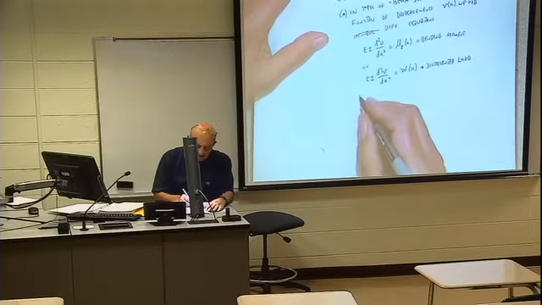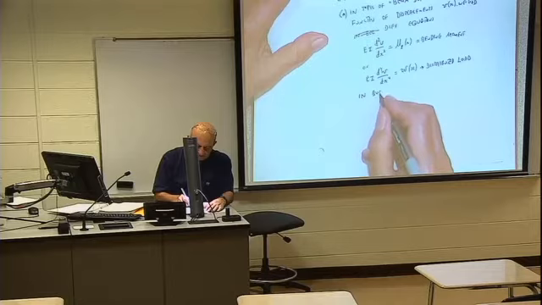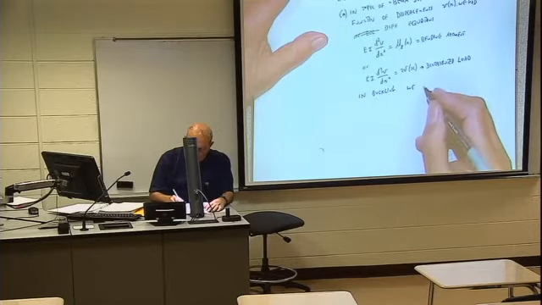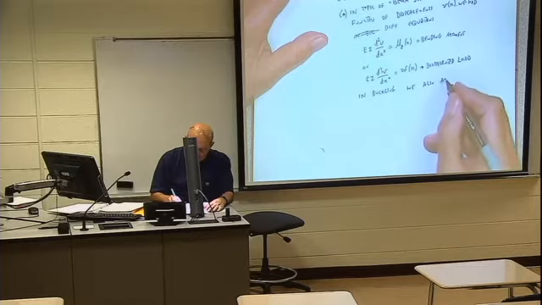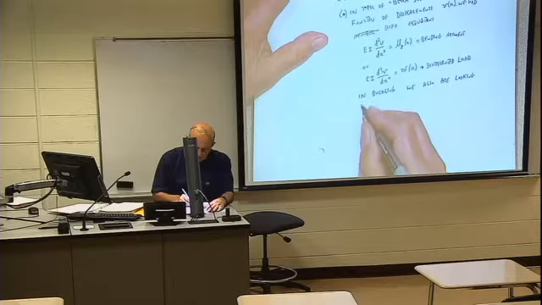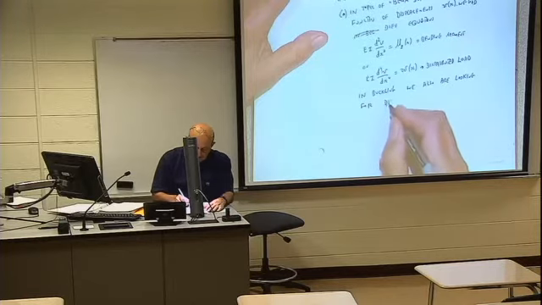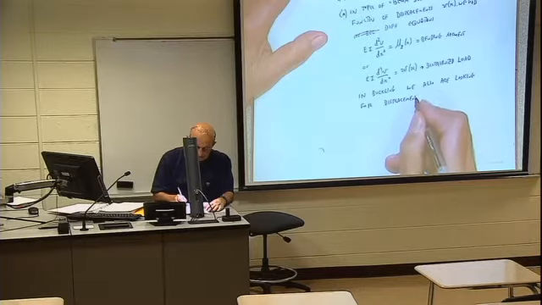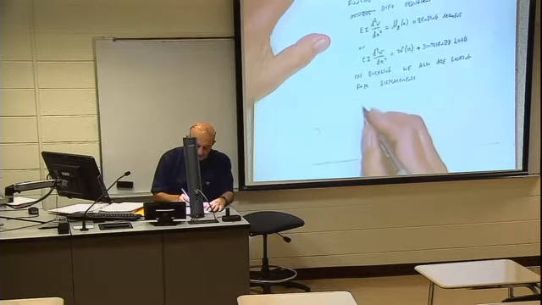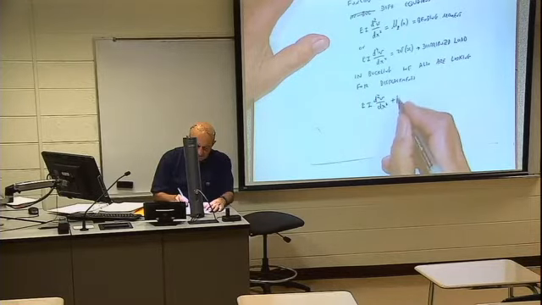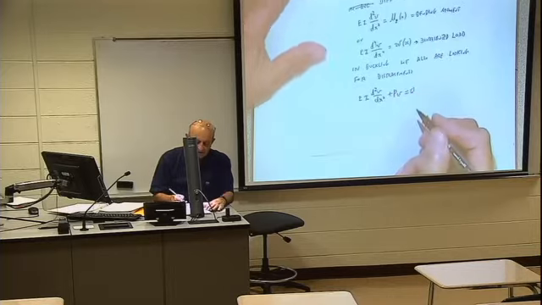Here in buckling, we also are looking for displacements. Our differential equation is EI d2v dx squared plus Pv equals 0.